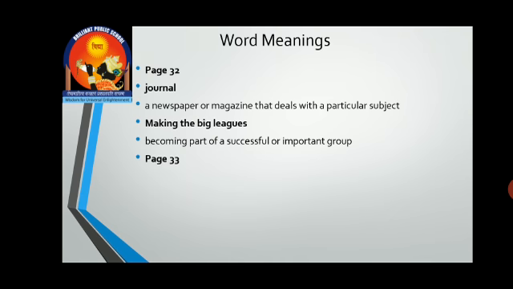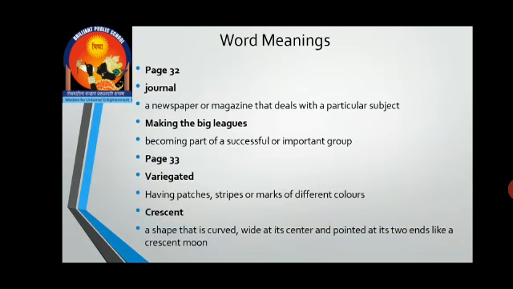On page 33, variegated means having patches, stripes, or marks of different colors. Crescent means a shape that is curved, wide at its center, and pointed at its two ends, like a crescent moon.